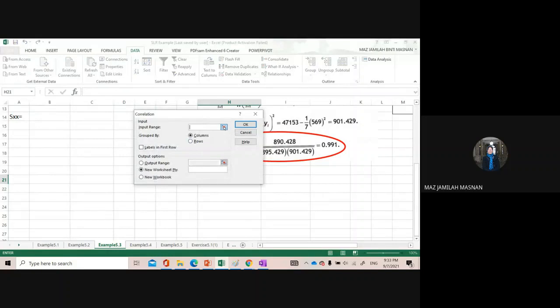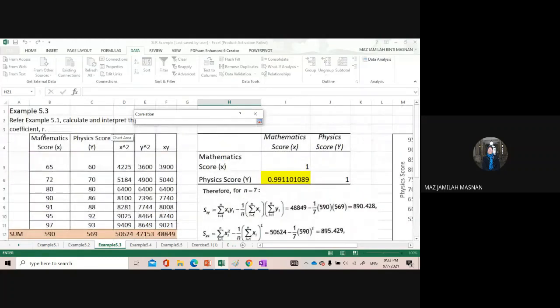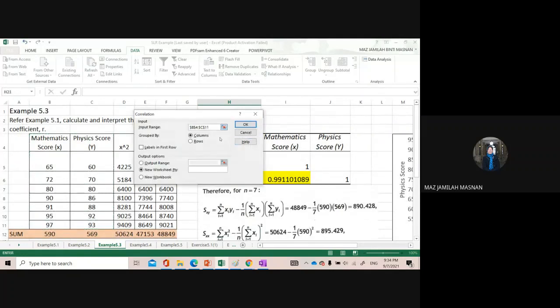Take the input range. Since I have labels here, I would like to take my data labels in my calculation. So I include my data labels as well and group by column. Yes, I have my first column mathematics, second column physics, and the labels in the first row.